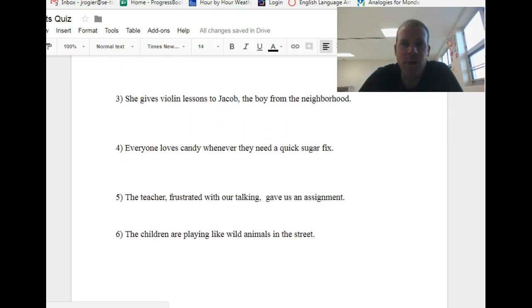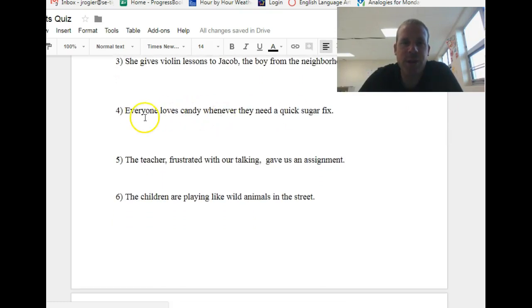Number 4, everyone loves candy whenever they need a sugar fix. Everyone loves, what do they love? Candy. So candy is a direct object. The teacher, frustrated with our talking, gave us an assignment. So like I had mentioned in class, these are interrupters. Just take them out of the sentence when they have commas around them, and you have the teacher gave us an assignment. So you have the teacher gave.